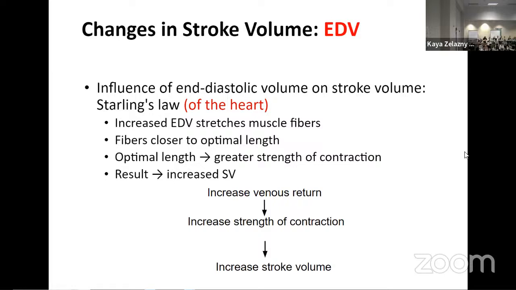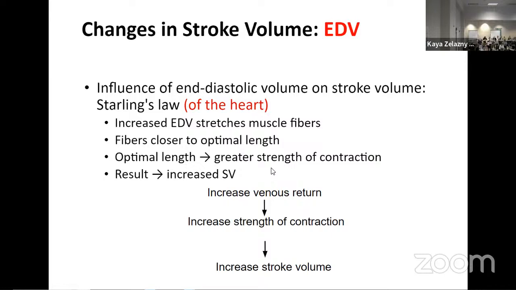So basically you have to stretch out the heart a little bit to reach optimal length. You're a little bit too small at your baseline size of the heart. So when you increase end diastolic volume, stretch those muscle fibers, you bring them closer to the optimal length, which means the contraction can now be greater with each heartbeat because you're starting at the strongest point.